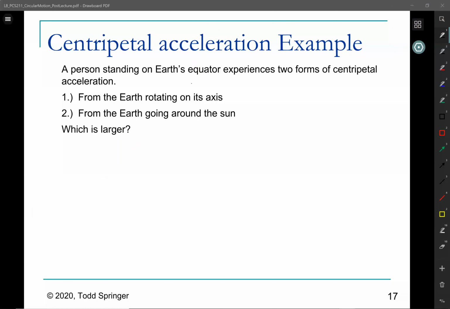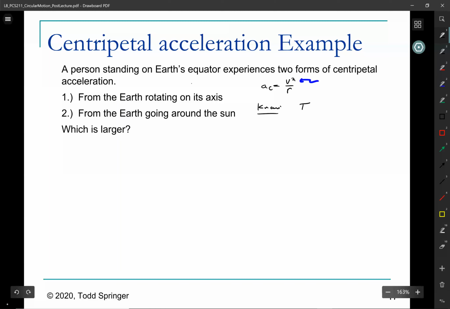So let's work this one out. I'm just going to write down the acceleration of each one. So I'm using here a_c is v squared over r for each case. Now we don't know the velocity here, but we do know, hopefully, the period of each motion.